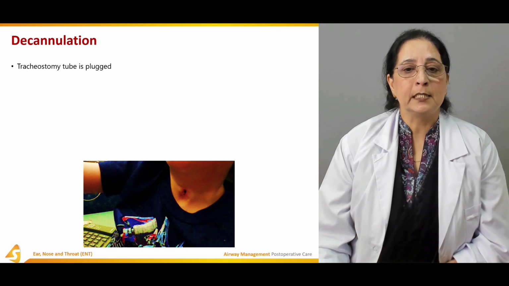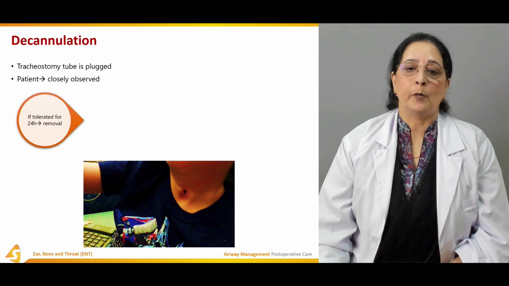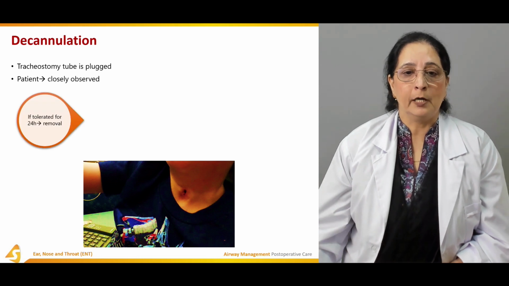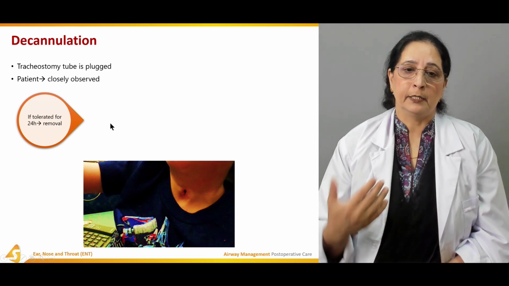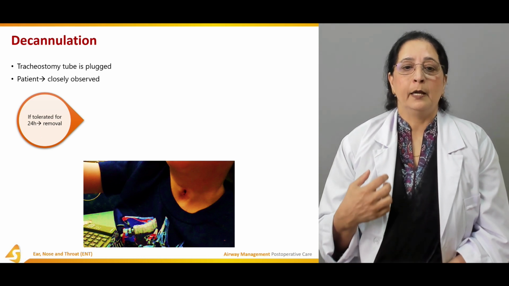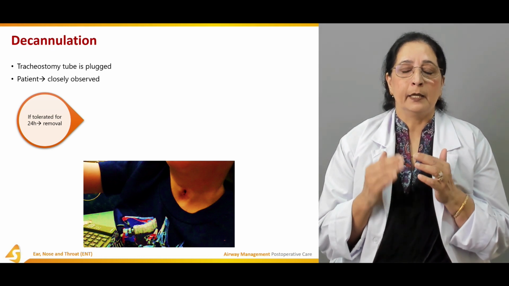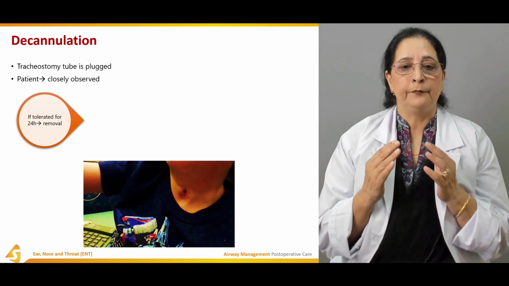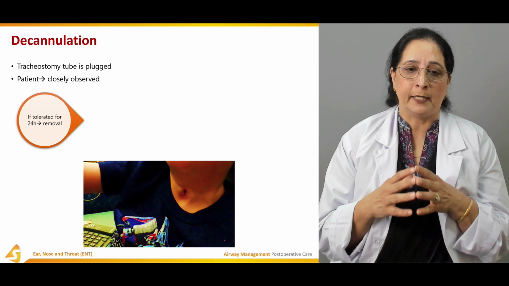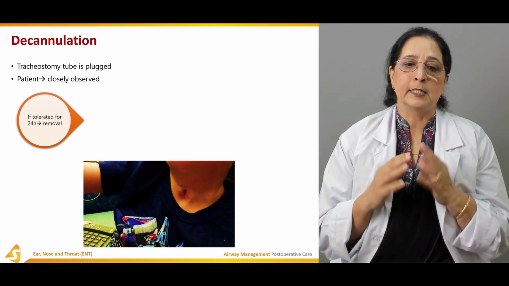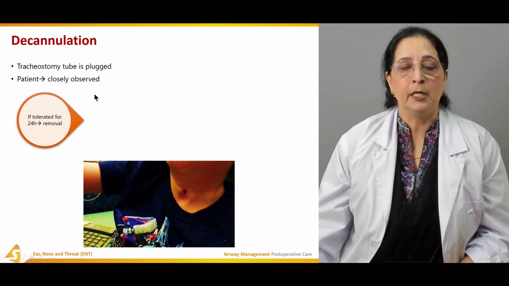Tracheostomy tube is plugged. Patient is closely observed. If tolerated for 24 hours, removal should be done. So the important thing is, if the patient can tolerate it for 24 hours, then we should do the removal of the tracheostomy tube.